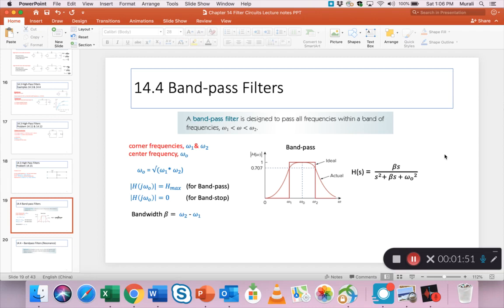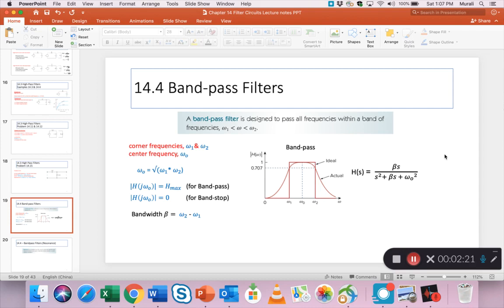And then we also did some problems where we used a bunch of formulas given to us in the textbook to find the corner frequency and an expression for the transfer function.